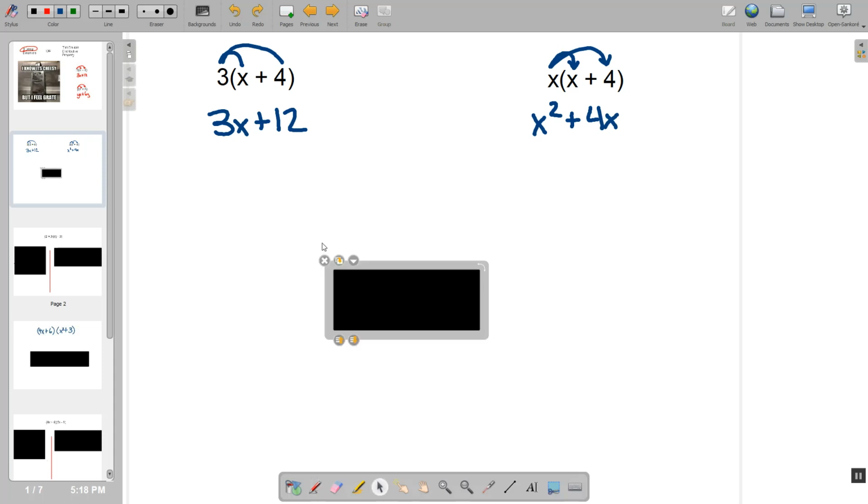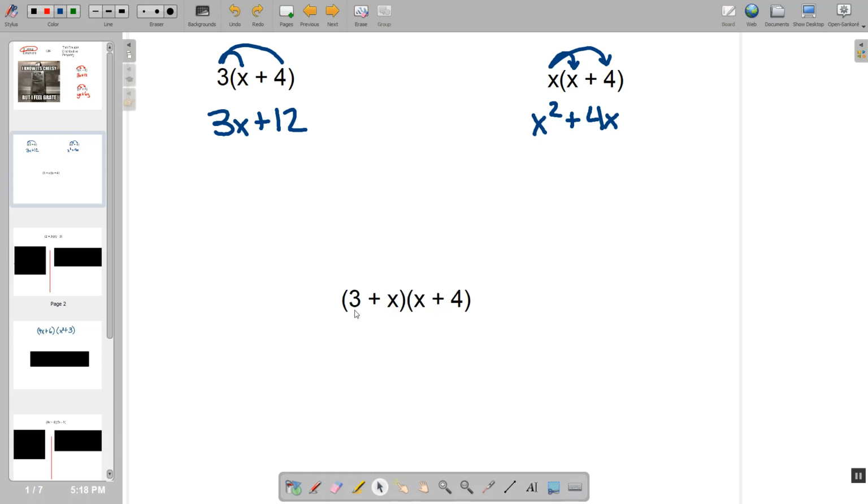Now, what if instead of 3 and x, we had 3 plus x in a separate parentheses times x plus 4?